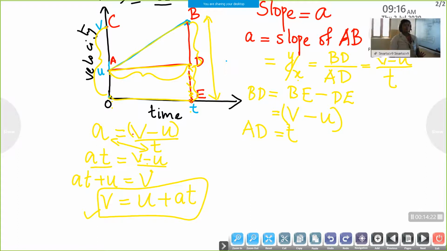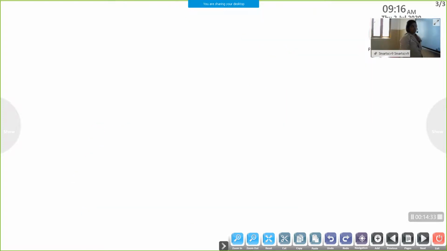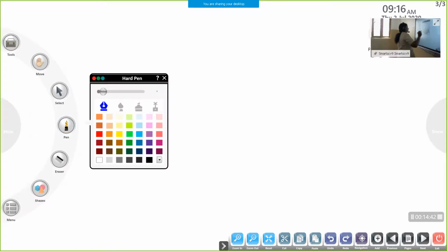Okay, so now we have to move to the second equation of motion. Which is the first equation of motion? Yes, it is the velocity-time relation, and it is V is equal to U plus AT. Now I am going to teach you the second equation.